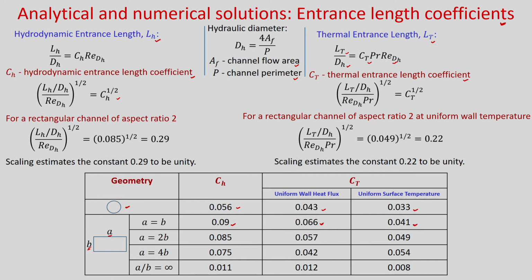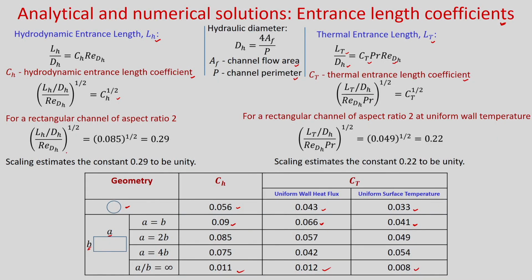Similarly for A equal to 2B, A equal to 4B and A by B is infinity, that means it is almost infinite parallel plates, the C_h and C_T values are also shown. These are obtained from the analytical and or numerical solutions.